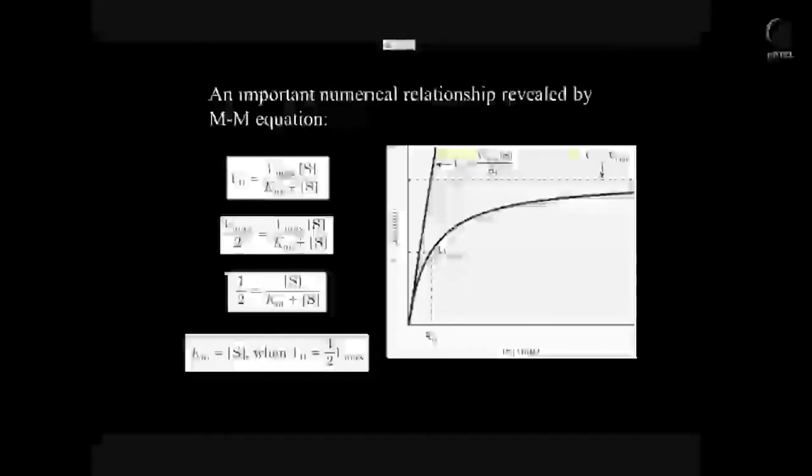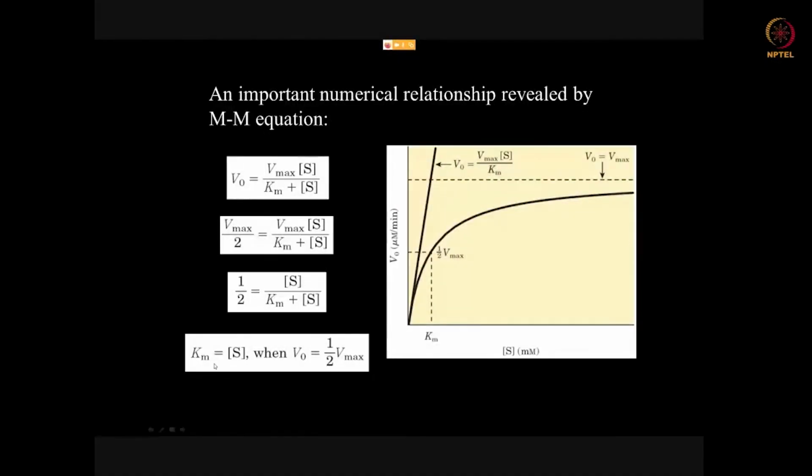Then only it will be half. Therefore, Km is equivalent to the concentration of the substrate when the rate is about half of the maximum rate possible. When V0 equals half Vmax, whatever the substrate concentration for that, like for example here at this substrate concentration you reach half the Vmax, that concentration of substrate equals Km.